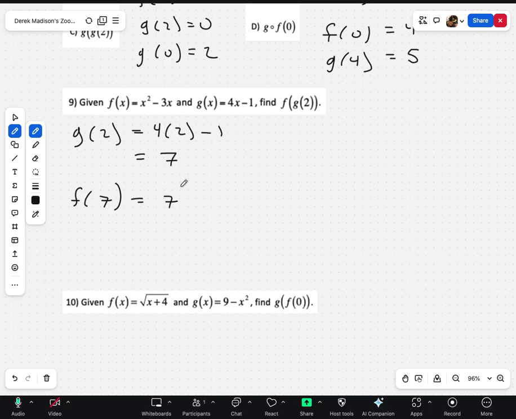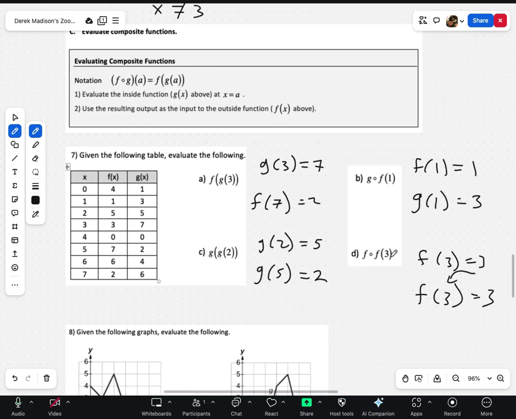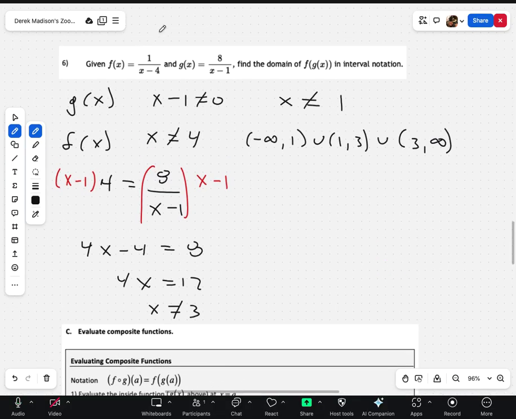So that would be 7 squared minus 3 times 7, or 49 minus 21, which would be 28.